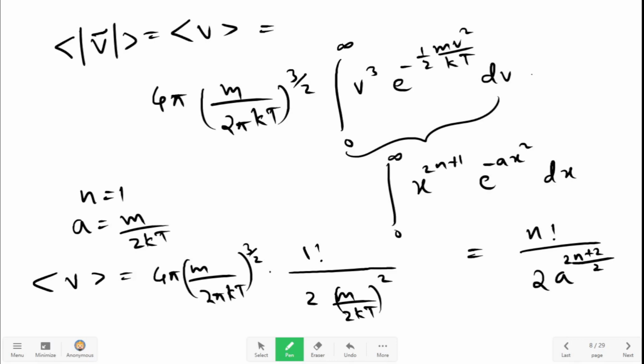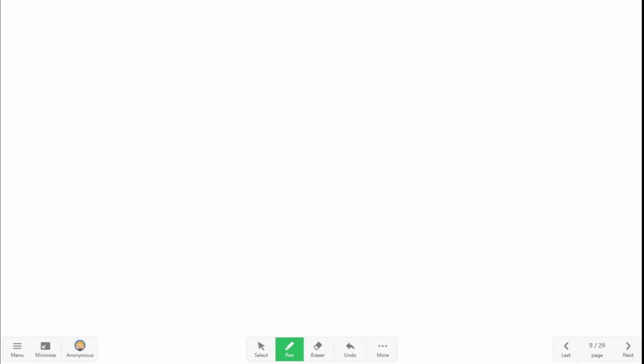Therefore we have this is equal to 2 into 1 by root pi times root of 2 kT upon m, which is equal to root of 8 kT upon pi m.